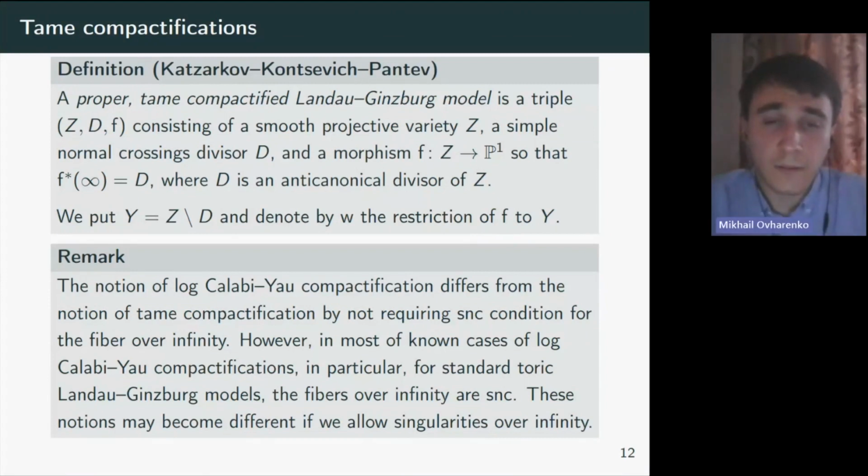On the one hand, in most of the known cases, that condition actually holds, and the fibers over infinity are simple normal crossing.